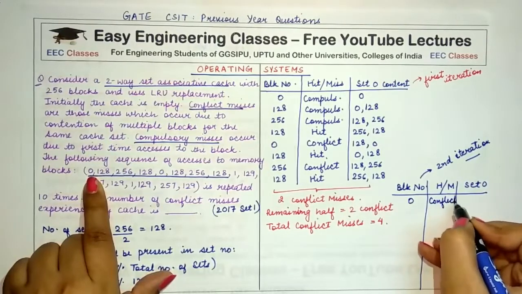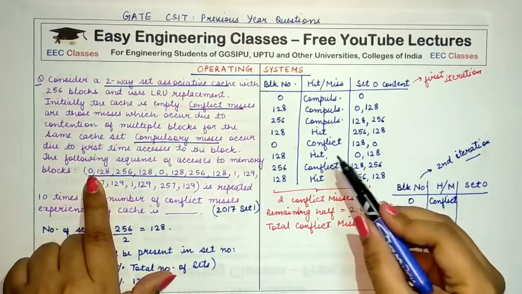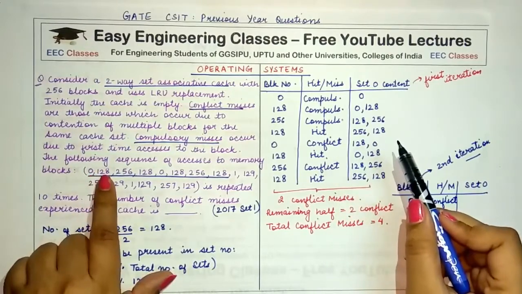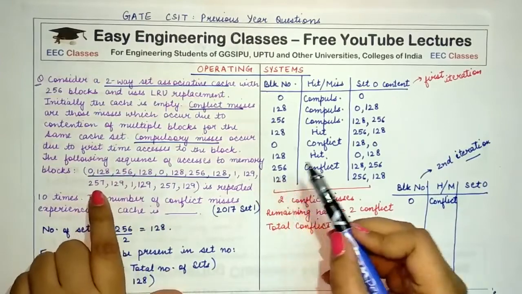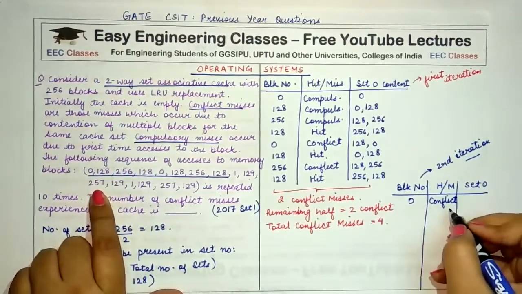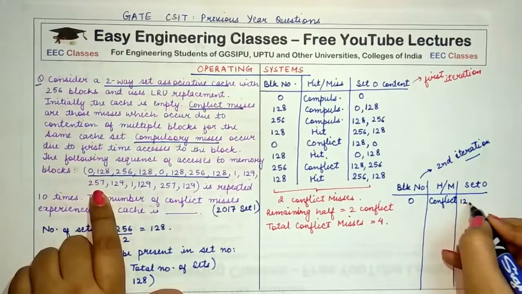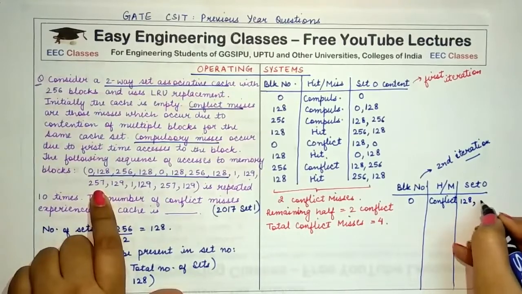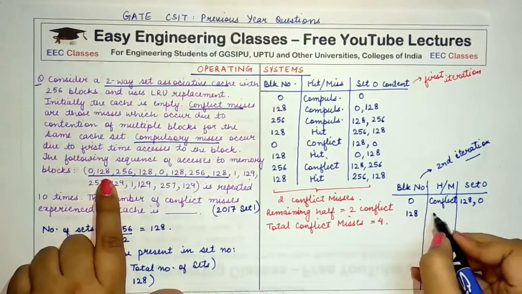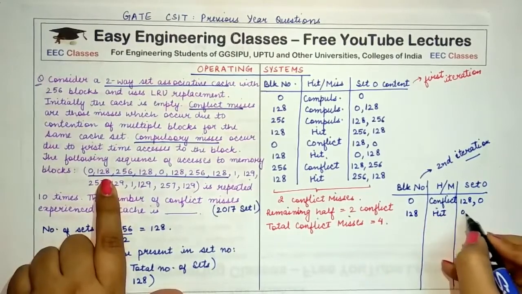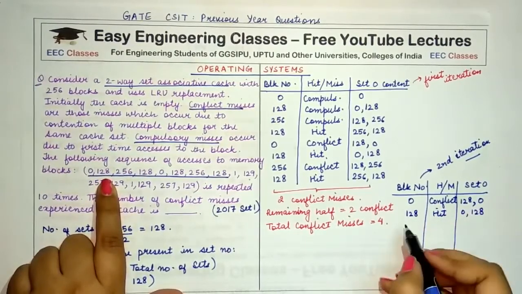No compulsory misses would occur, because in the previous iteration, all these blocks 0, 128, 256 and 129 and 257 have been brought. So 0, again a conflict miss, and set 0 becomes like 128 comma 0. Then comes 128, it is a hit, the contents become like 0 and 128.